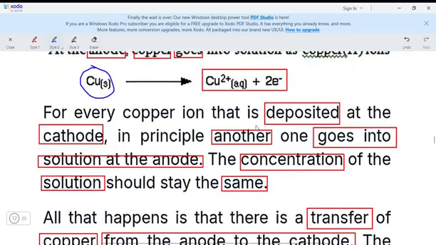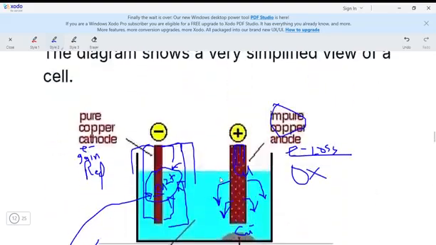Now, the conclusion is that for every copper ion that is deposited at the cathode, in principle, another one goes into solution at the anode. So the concentration of the solution should stay the same. What are they saying? It means the concentration of the copper here will be the same. Why? Because if, let's assume, 5 copper ions are released into the solution, 5 will go back onto the cathode.